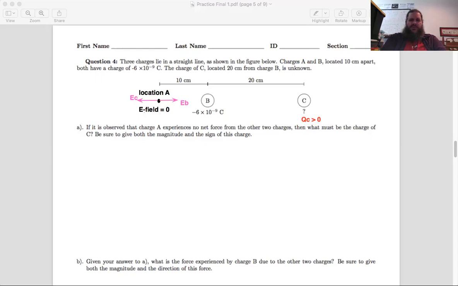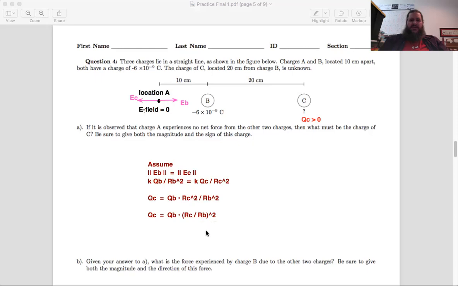Yeah, so charge C is charge B modified by RC squared over RB squared. And again, before we even plug in numbers, there's one more algebraic trick we can do here. Anytime you've got something squared over something squared, if it's the same exponent on the numerator and denominator, you can combine that as just the fraction RC over RB, squared.